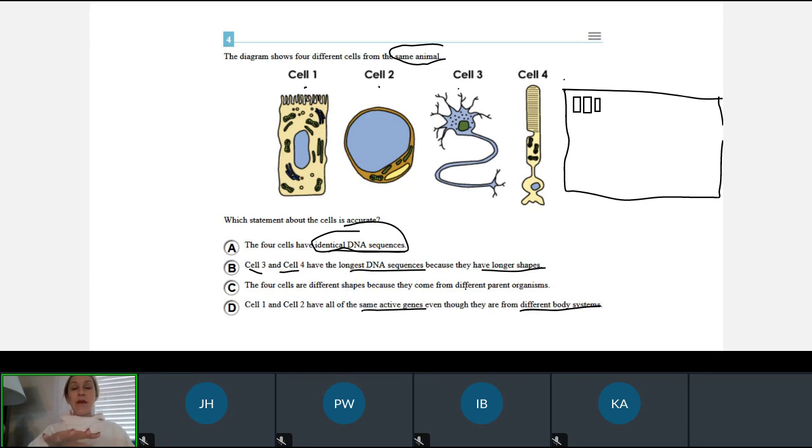It's the same way with our cells. Our cells all have a little different shape depending on what part of the body system they're a part of, but on the inside, they all have the same recipe for you. So hopefully that helps. I feel like we're getting further along on that.